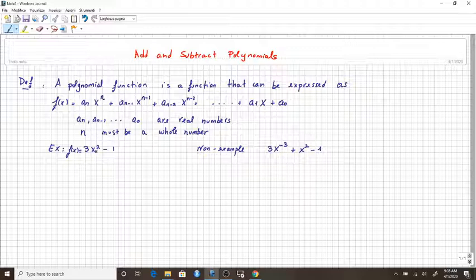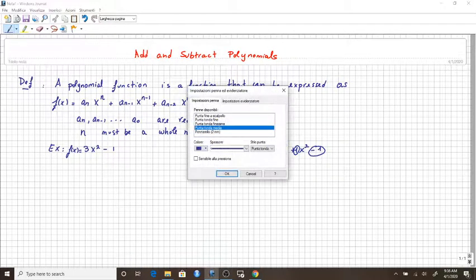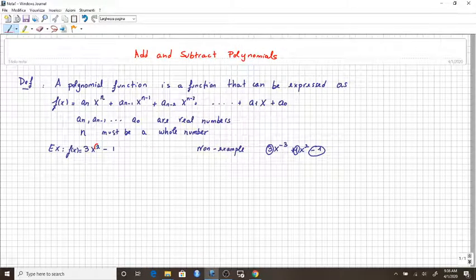So here on the left hand side I have a polynomial function because the coefficients that are 3 and negative 1, these two numbers are real numbers. Now that's true also for the right hand side. I have a 3, I have a 1 in front of x squared, right? And then I have a negative 1. So these are also real numbers. The problem is the exponents. On the left hand side, the highest exponent is 2, but here we have a negative 3.